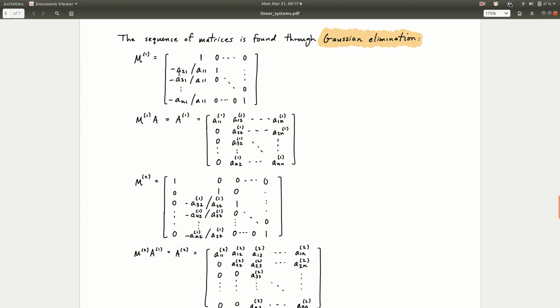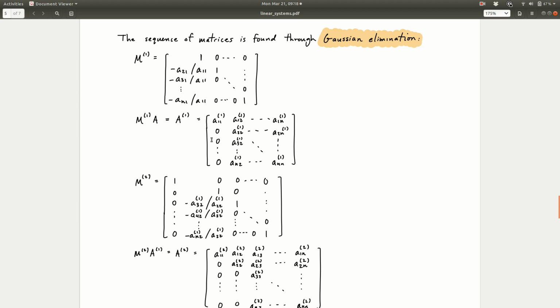However, if we go to this one, we're going to get this times A11, which is minus A21, plus 1 times A21. And those cancel out, and you get a 0. Do the next one. Multiply this by A11, you get minus A31. And then there's going to be a 1 here, which gets multiplied by A31, and it cancels with that. So you get another 0. And if you continue this, you see you get all zeros down here.